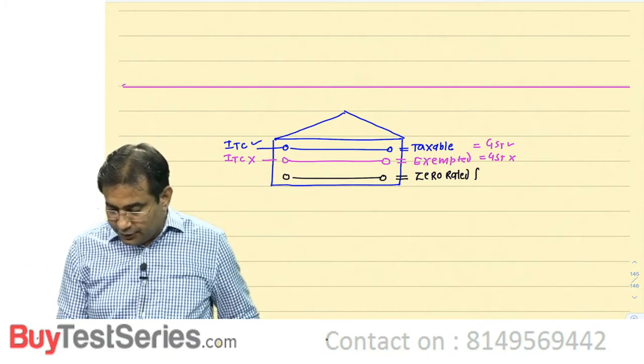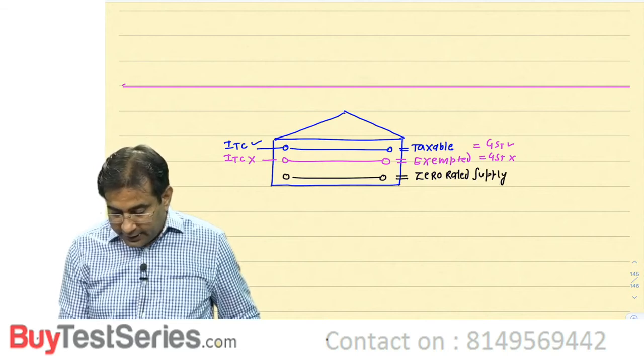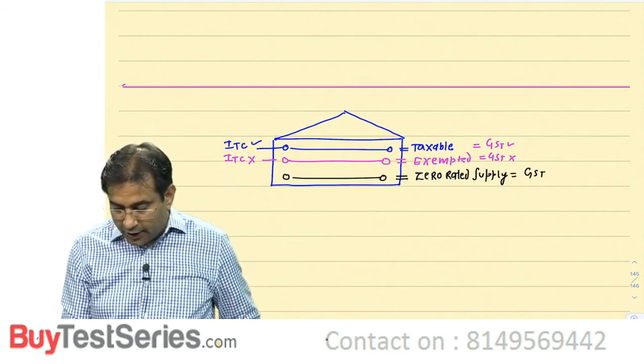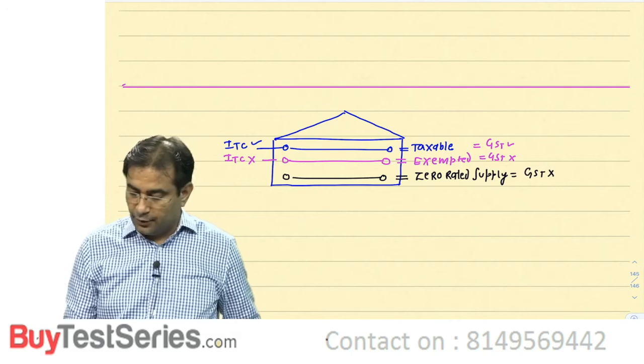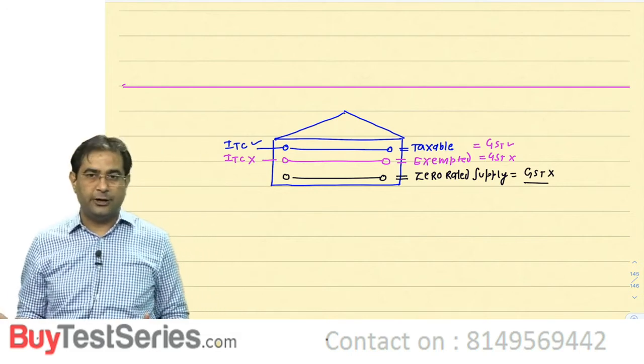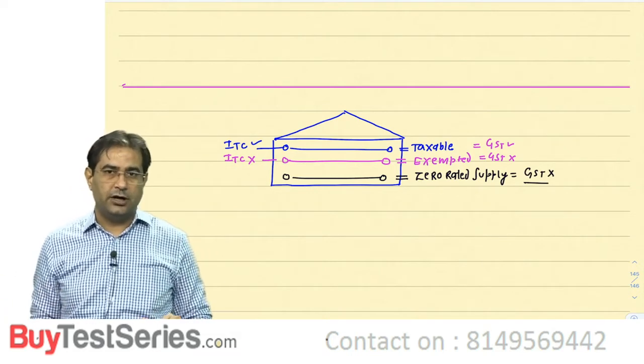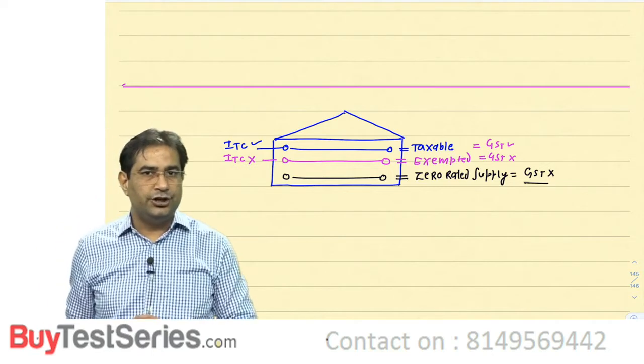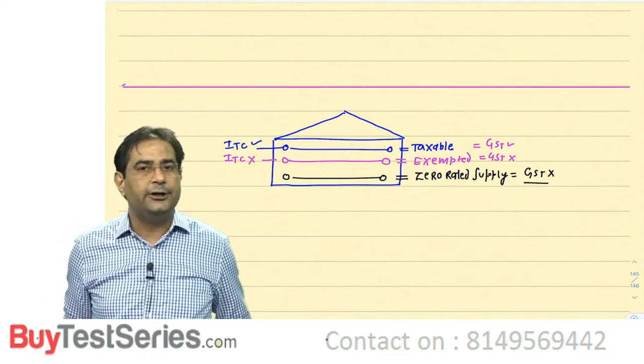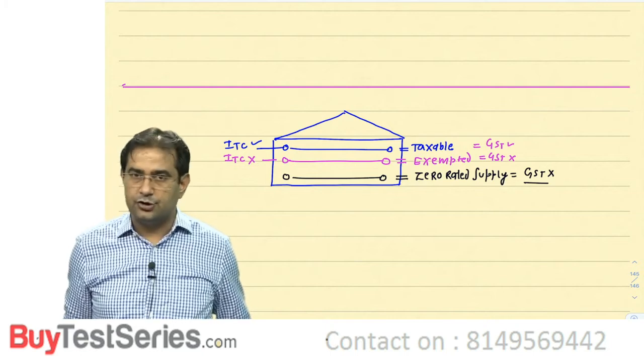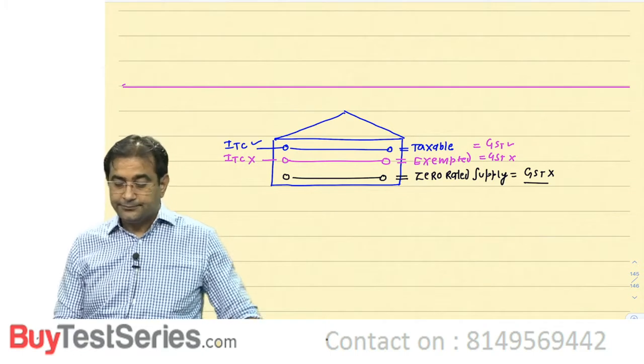In case of zero rated supply, finally no GST is applicable. However, there are two mechanisms: first is pay GST and later get the refund, and another is execute a bond, in which case you need not pay any GST. So finally no GST in this particular situation. Clear? Yes, sir.